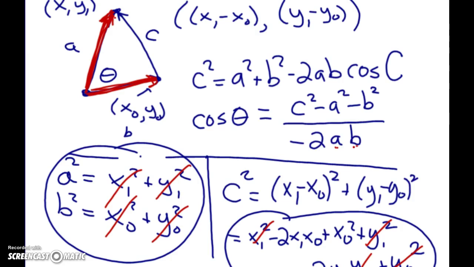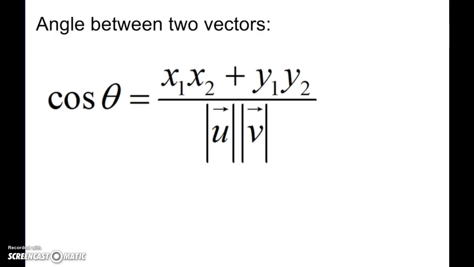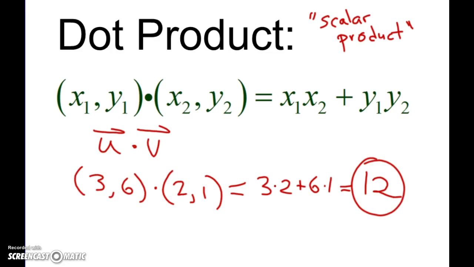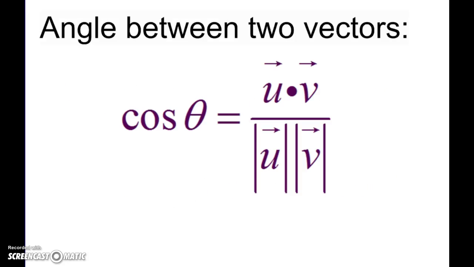It's the magnitude. Our book calls it the norm, and that's how you write the norm right there. So those things are magnitudes. And so here's our fantastic formula for the angle between two vectors. You take the dot product, divided by the product of the norms, inverse cosine.